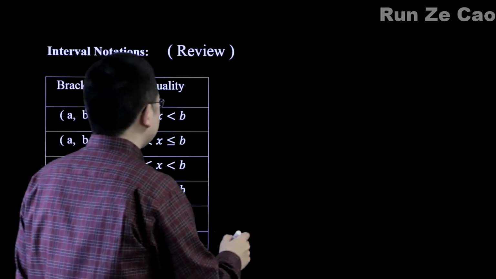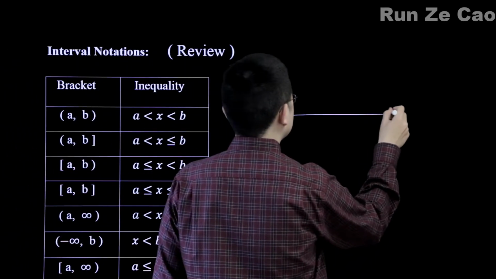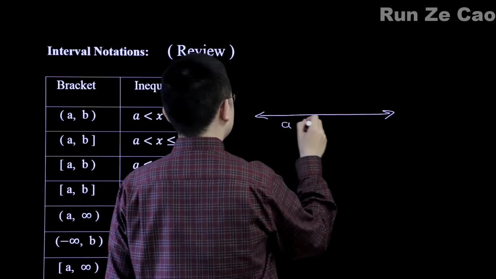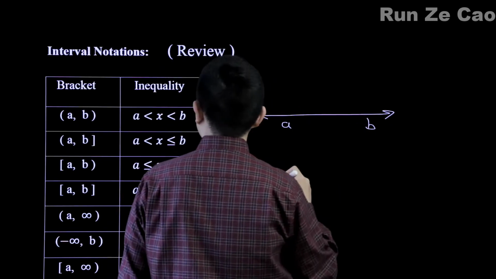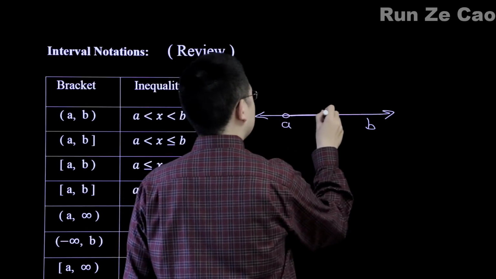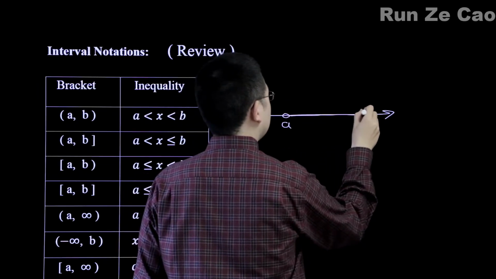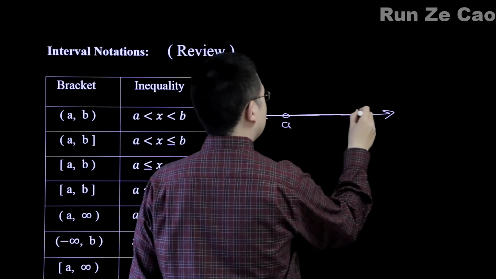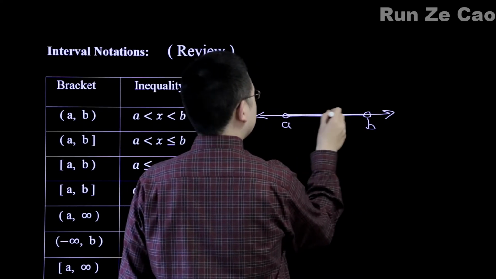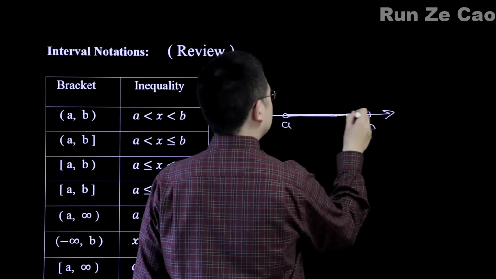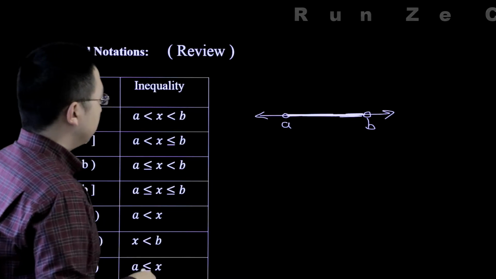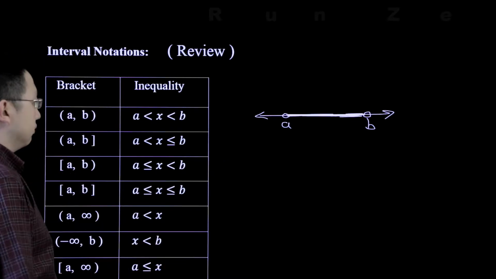So if we were to draw this on a number line, and this was A, this was B, of course you might have to use a little bit more scribbling just to make sure the line's obvious. Well, we would have this.